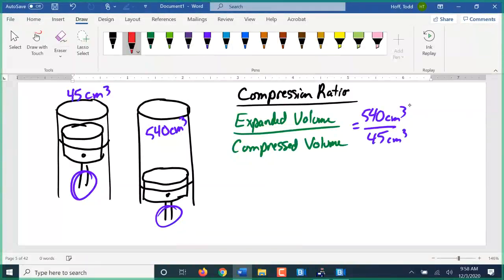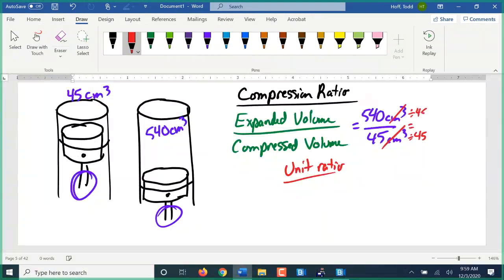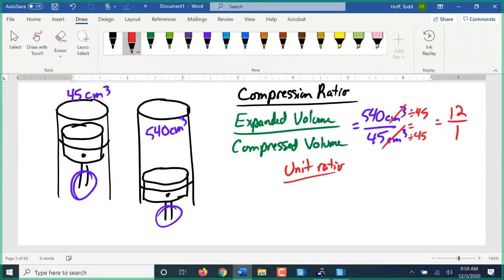Obviously, the cubic centimeters cancel out. A compression ratio is actually one of the ratios that is almost always expressed as a unit ratio. So we're going to divide by the 45, the second number. 540 divided by 45 is 12. 45 divided by 45 is 1. So that's a 12 to 1 compression ratio.